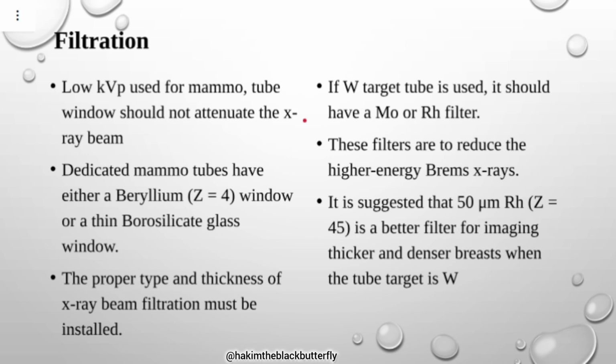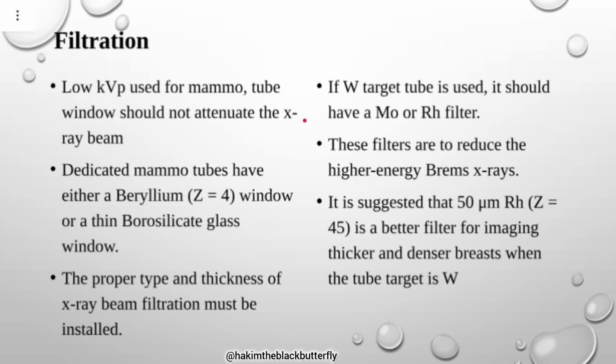Okay, let us look at filtration. Low kVp is used for mammo, so the tube window should not attenuate the X-ray beam. Because we are using low kVps in mammo, we don't want the tube window to attenuate.